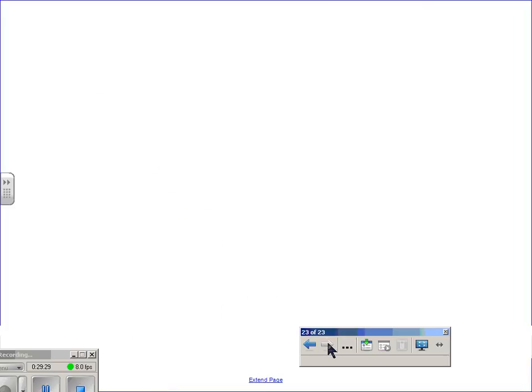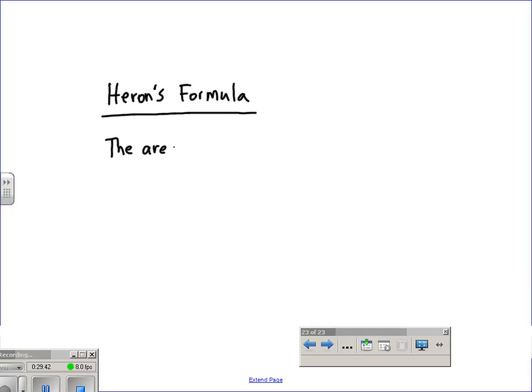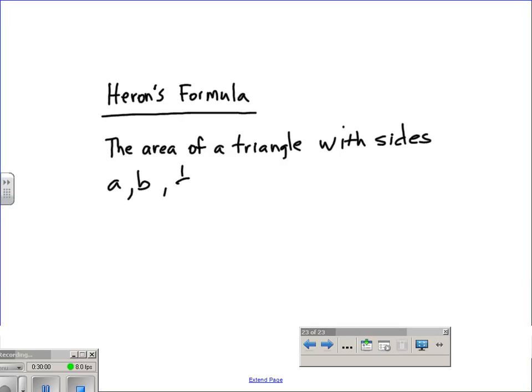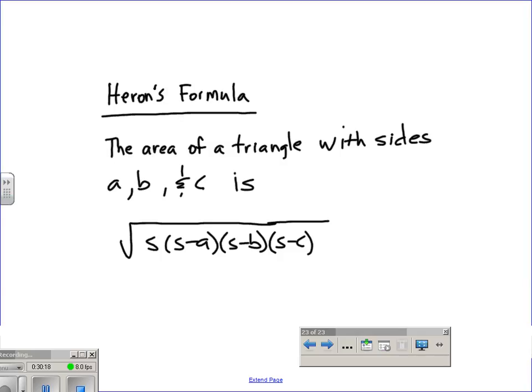Okay, here's our formula. The area of a triangle with sides A, B, and C is the square root of the product S times S minus A times S minus B times S minus C. So you know what A, B, and C are, but what you don't know is what S is.